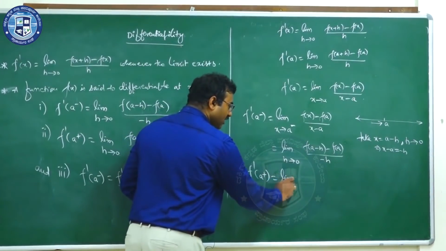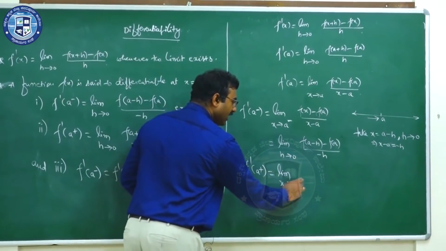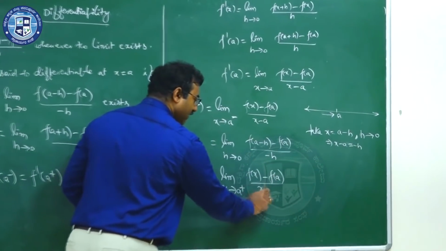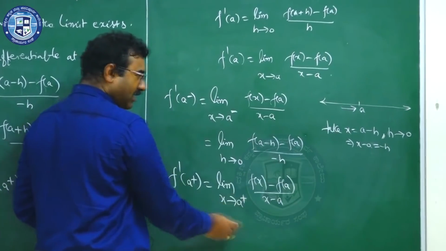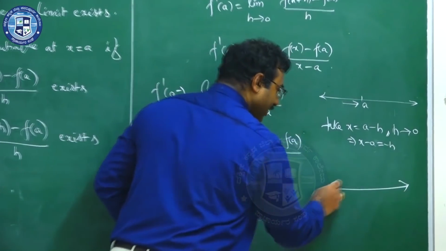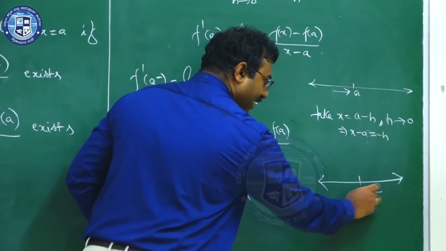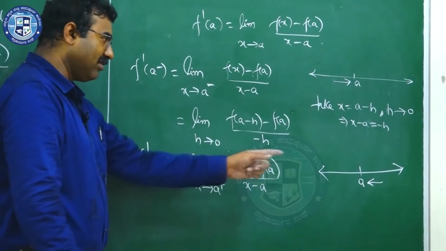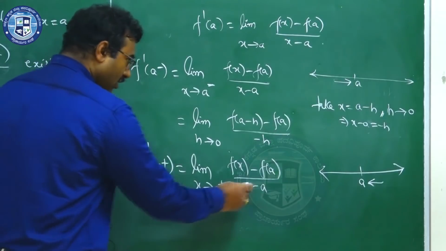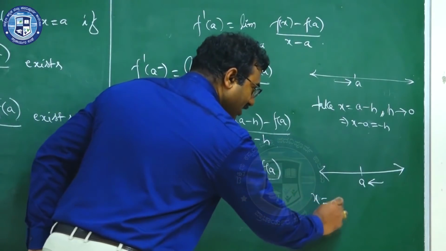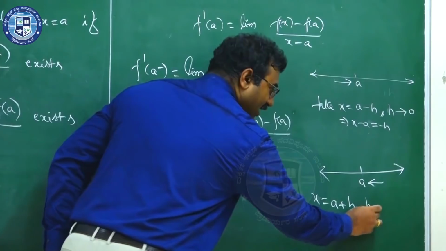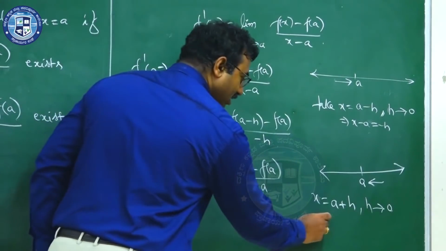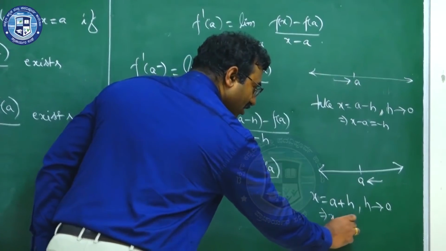And f dash of a plus means limit x tends to a plus of f(x) minus f of a by x minus a. Now here x is coming close to a from right, that means the values are more than a. So I take x is equal to a plus h, h is a small positive quantity tending to 0, and we also get x minus a is equal to h.